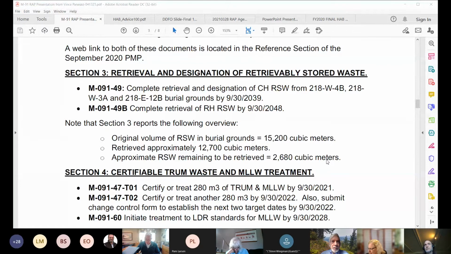I'm very concerned that the board advice and discussions need to include a significant focus on the urgency for removing and treating stored waste, which we've put in our budget advice over and over and over again. And the volume is very high.